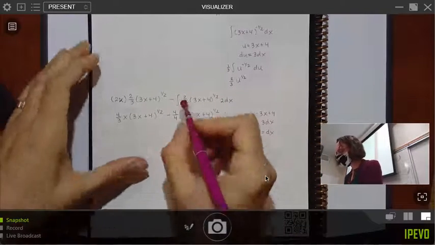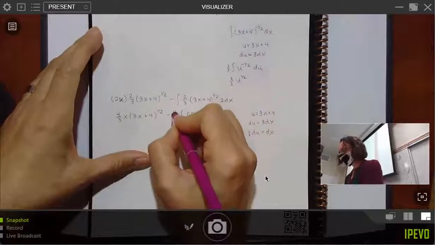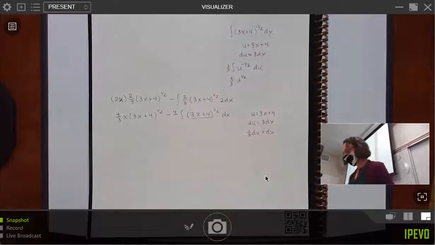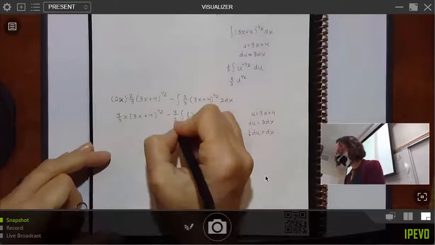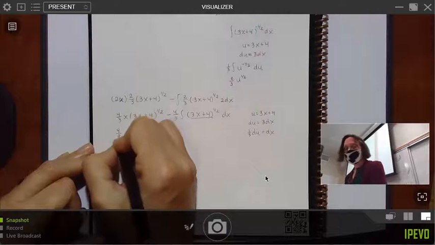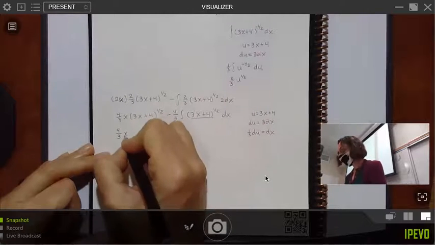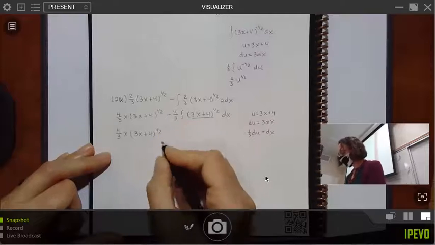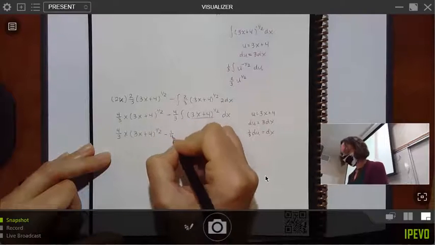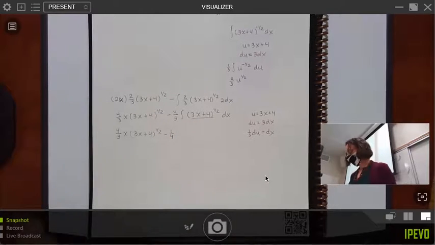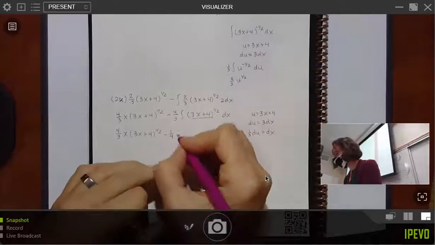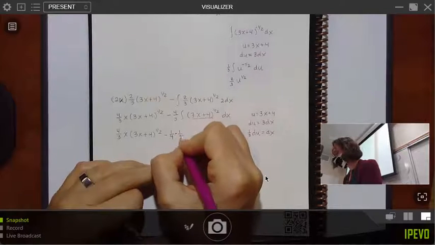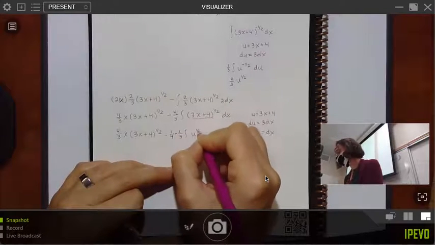I wrote a 4/4 when I actually meant to write a 4/3. So I've got 4/3 of x times 3x plus 4 to the 1/2 power minus 4/3. And now I'm doing my u sub. So I'm going to have 1/3 the integral of u to the 1/2 du.